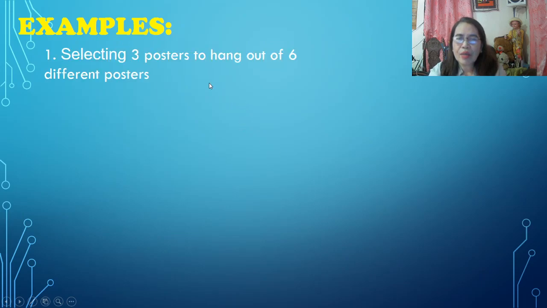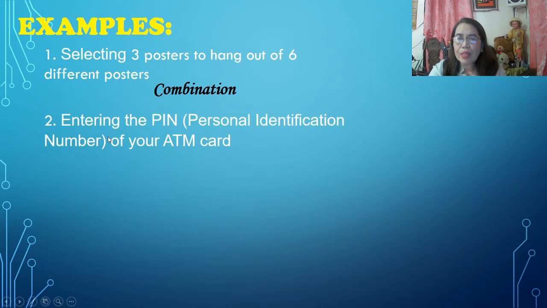Okay, so example natin. Selecting 3 posters to hang out of 6 different posters. So, nagse-select lang naman tayo ng posters. So, the order is not important. So, it's combination. Next, entering the PIN or the personal identification number of your ATM card.